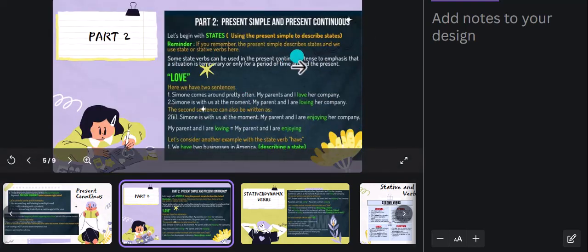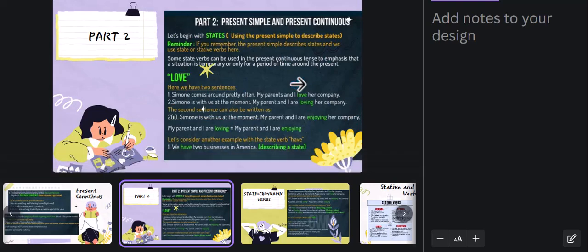Now in these examples we combine the present simple and the present continuous. So let's begin with states using the present simple to describe a state. You need to know that the present simple describes a state. So we use a stative verb.